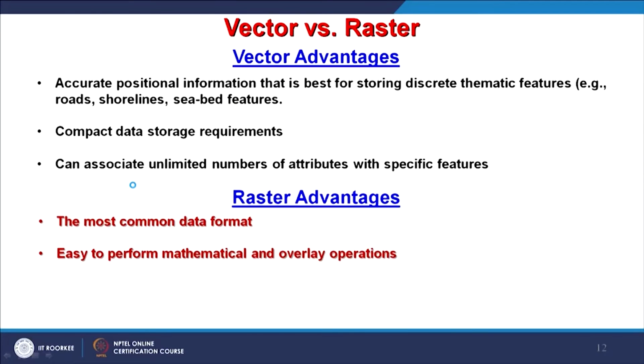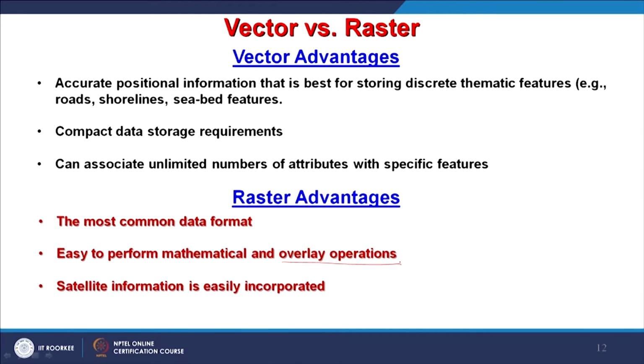Since raster is based on two-dimensional matrix concepts and processing, mathematical and overlay operations are very easy compared to vector data. I will show an example where vector will find a limitation, but raster does not have a limitation over overlay operations.